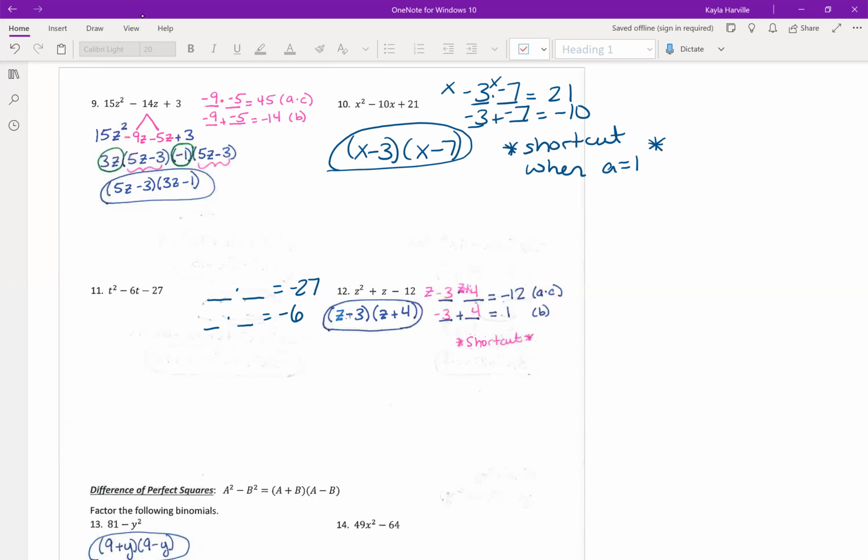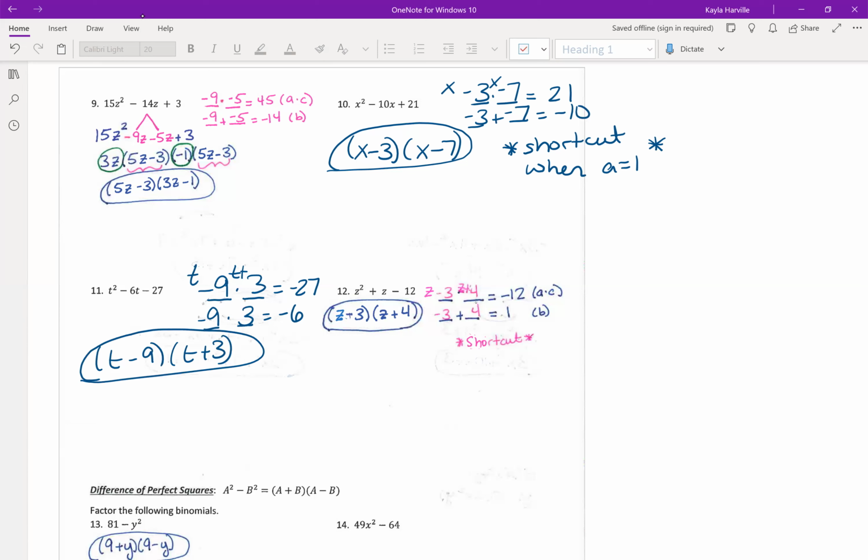So looking at that, we're going to need negative 9 and positive 3. And since our A is 1, we can use the shortcut. So we're just going to put a t in front of those. So t minus 9, and then we have a positive 3, so t plus 3.